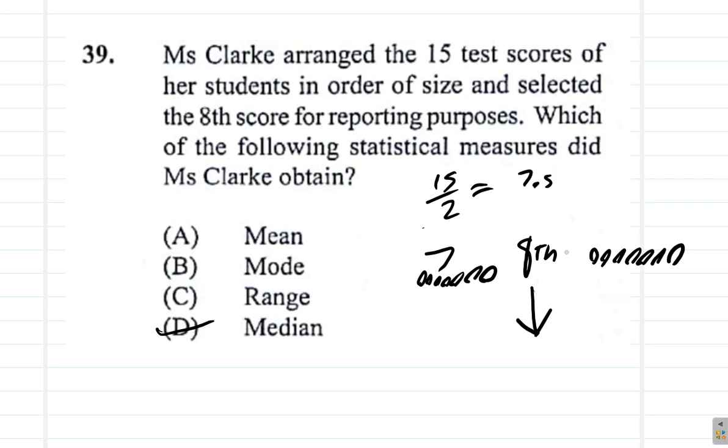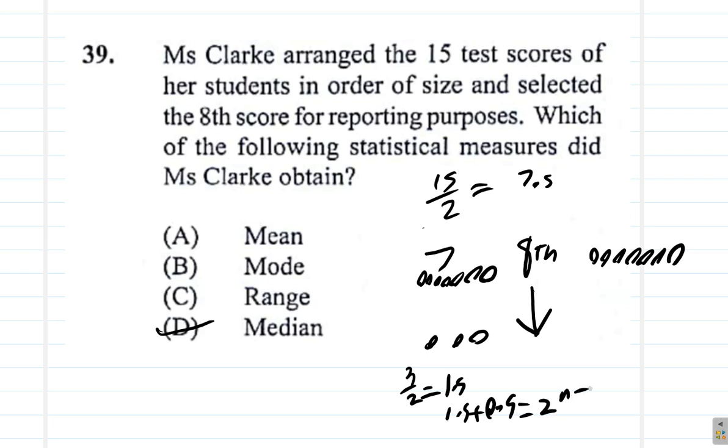Alright? Remember, if you have an odd number of items and you divide by 2, and you add half to it, you get the middle one, the one in the middle. Just like if you had 3 of them, 1, 2, 3, the median would be 3 divided by 2 equals 1.5. 1.5 plus 0.5 would be 2.